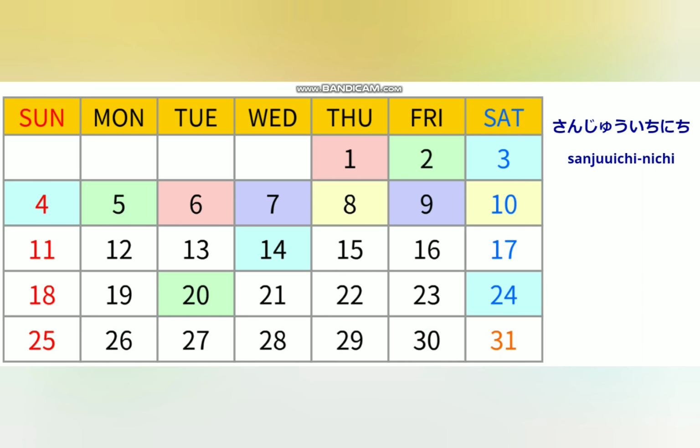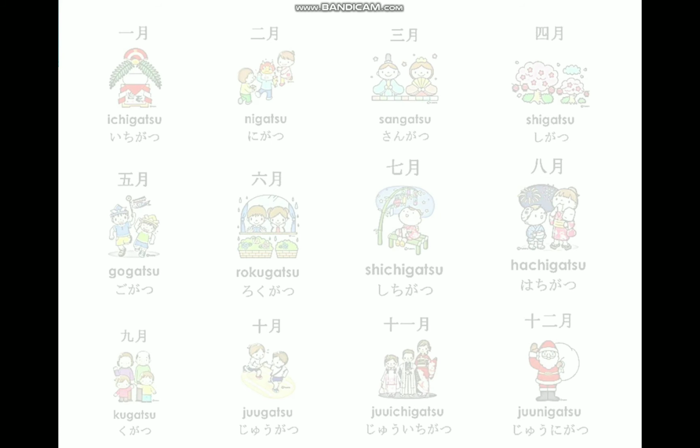All right. Since you already know how to say the months and the exact dates in a calendar in Japanese, why don't we try putting them together? Like when someone asks you for your birthday or when you will go to Japan.